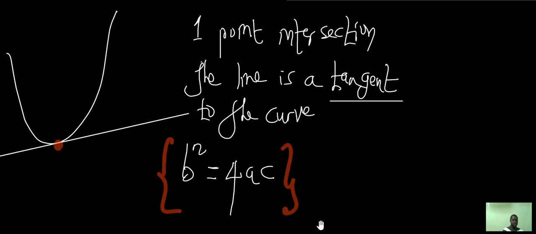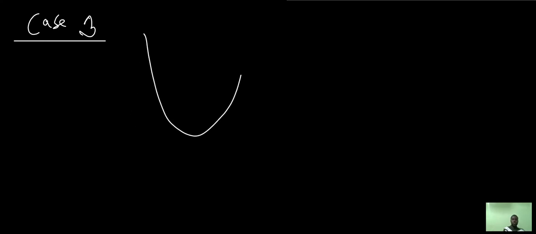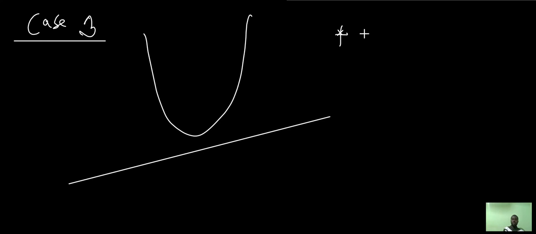So let's look at case 3. When the line does not touch the curve at all. So if this is a curve and this is a straight line, no intersection point.